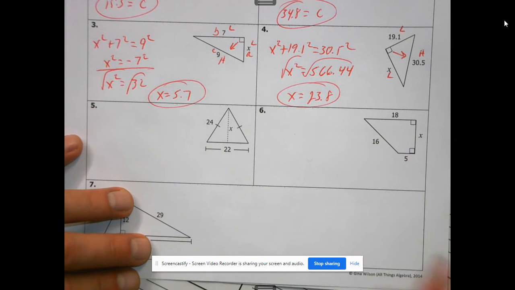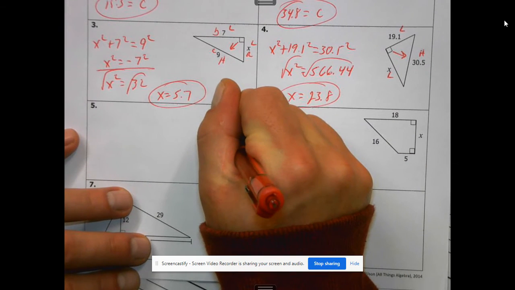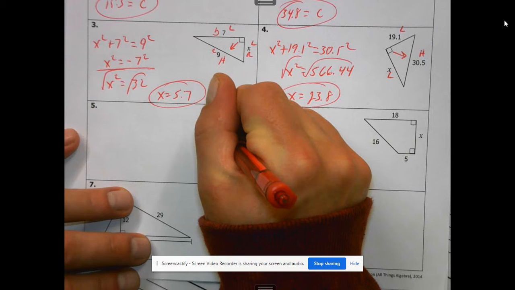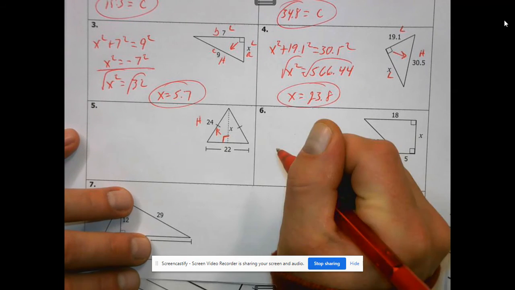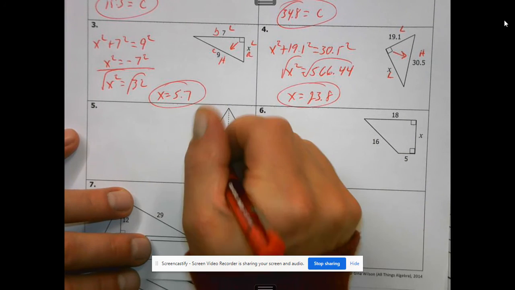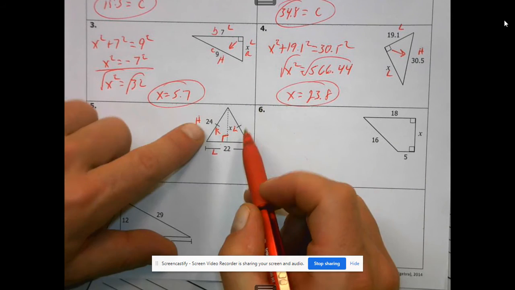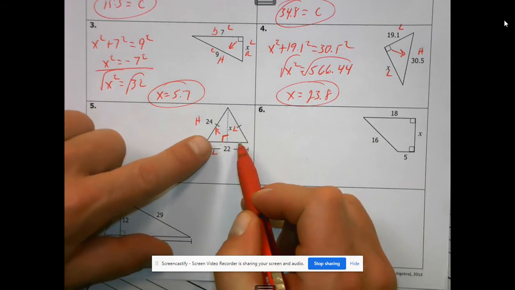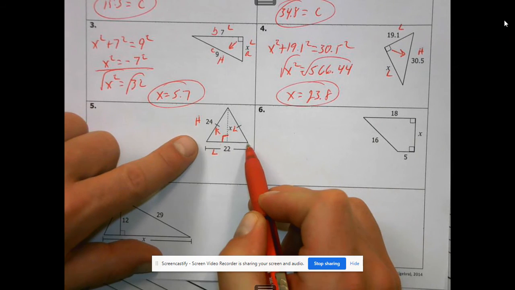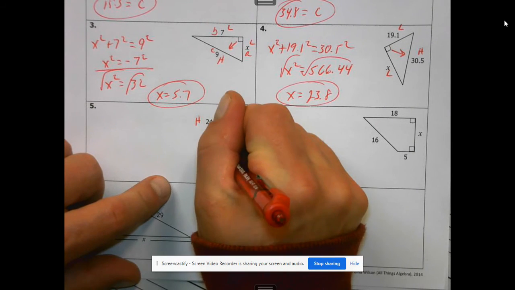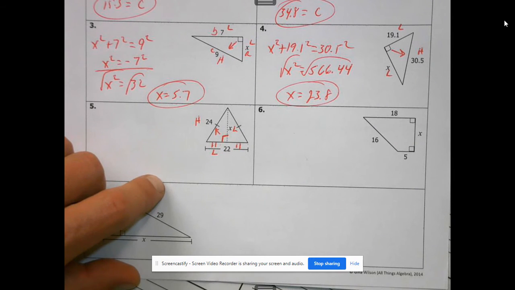Number 5, here's your 90. The piece across from the 90 is your hypotenuse. The piece next to me is a leg, and this piece down here is also a leg, but I have to figure out this distance. If you notice, we have congruent sides, which means we're going to have congruent base pieces. So if the whole thing is 22, each of these has to be 11.